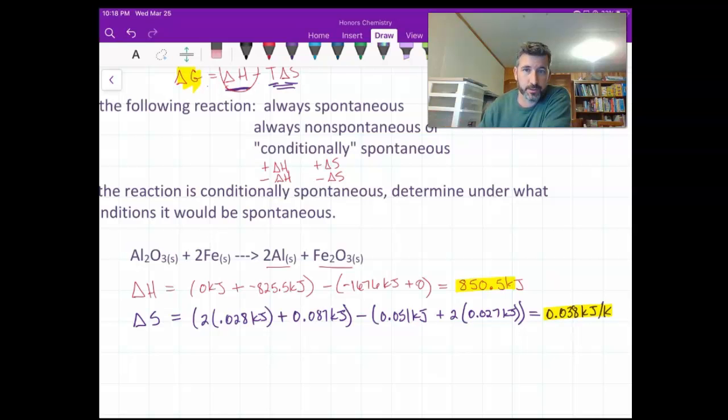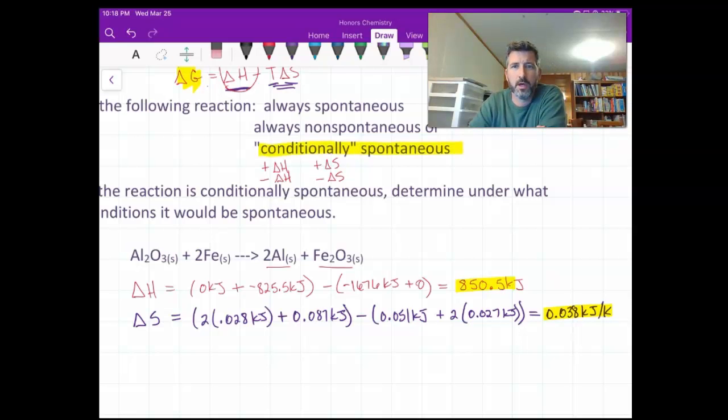If the reverse is true, if delta H is positive and delta S is negative, it is never spontaneous at any temperature. But if they're both positive or if they're both negative, it depends on the temperature. In this case they're both positive, so it does depend on the temperature. So this one is conditionally spontaneous.